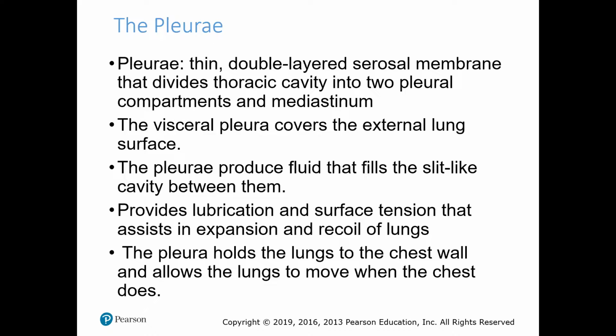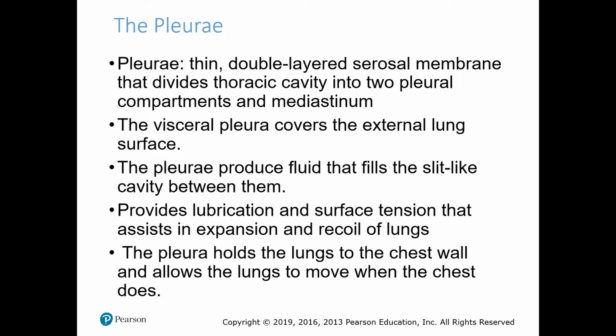So when we raise our chest by contracting the external intercostal muscles, our ribs rise up and the lungs go with it. When we relax our ribs with the internal intercostals, the ribs go down, the chest goes down, and the lungs deflate and push air out.